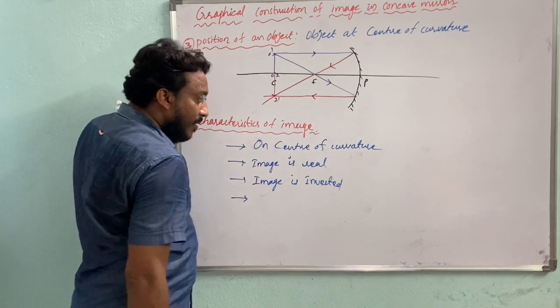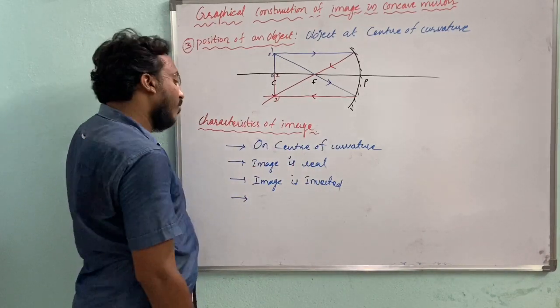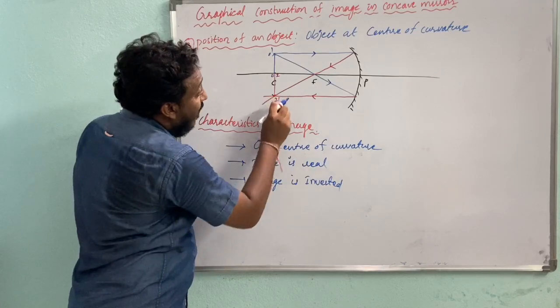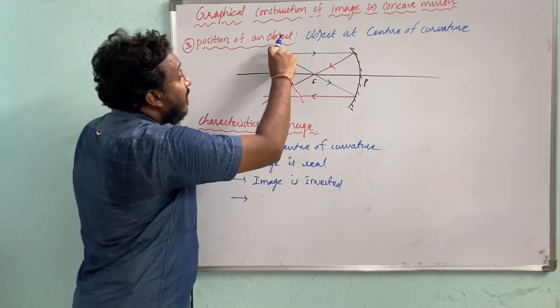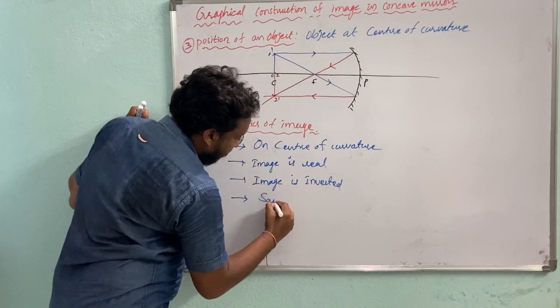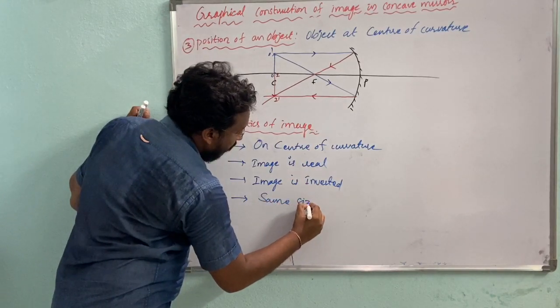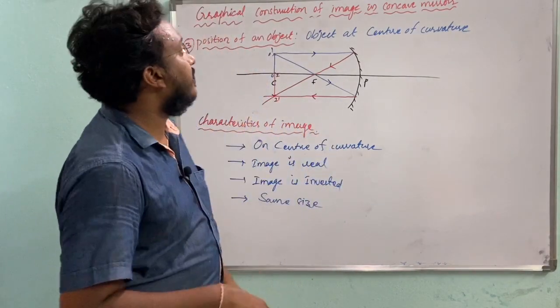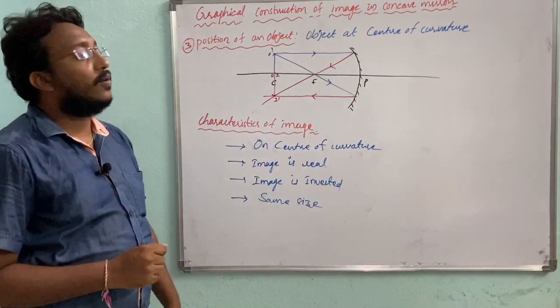And the image is real, it is inverted. And next, what is the size? See, compare the sizes. The size is the same. The size is same, right? This is the third position.